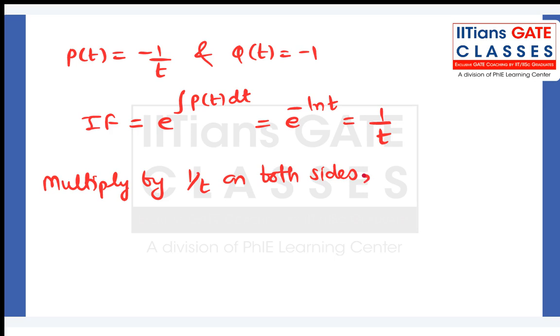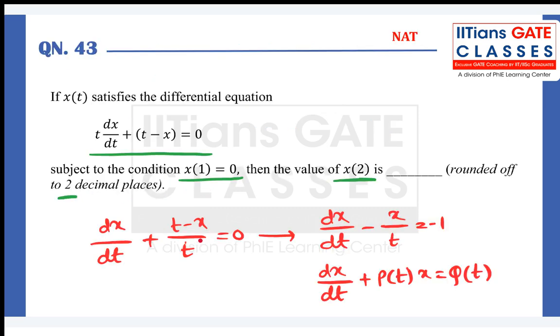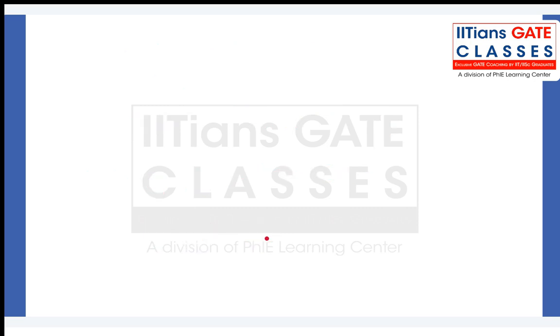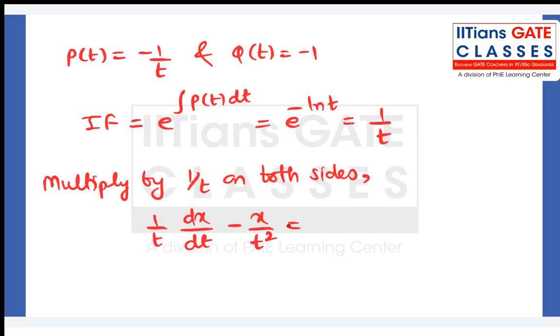If you just remember the procedure, this becomes 1 by t into dx by dt, and the second term will be minus x by t square, and there was minus 1 here, right? So this becomes minus 1 by t. And if you look at this, this is actually an exact differential of x by t. This is nothing but d by dt of x by t, right?